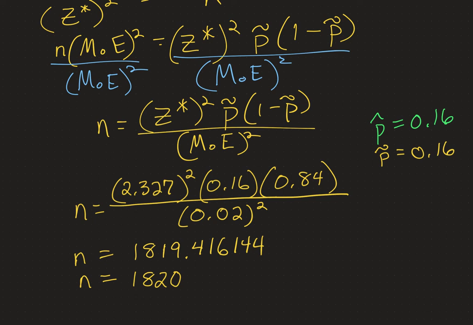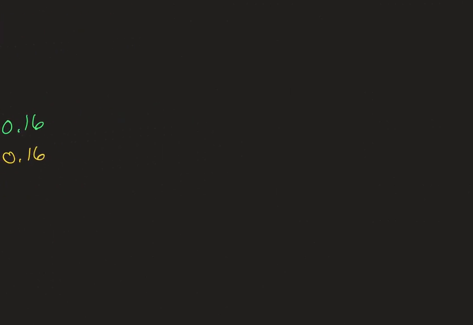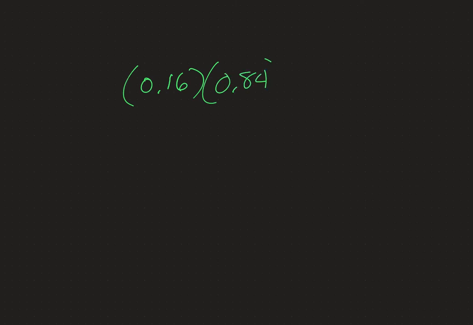Let's do a few quick calculations and see what happens with different values of that p. So I'm going to come over here to the side, and we started with this, right? 0.16 times 0.84. So let's do that calculation, but let's also look at these calculations. What if it's 5%? Only 5% want to abolish the penny.